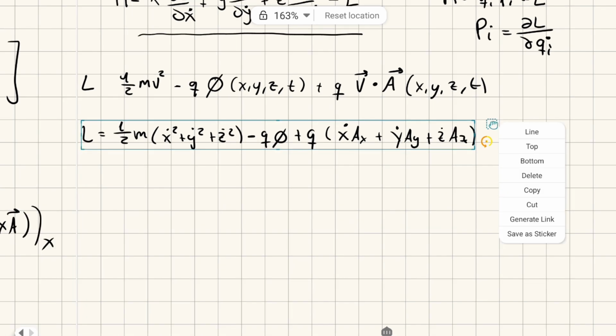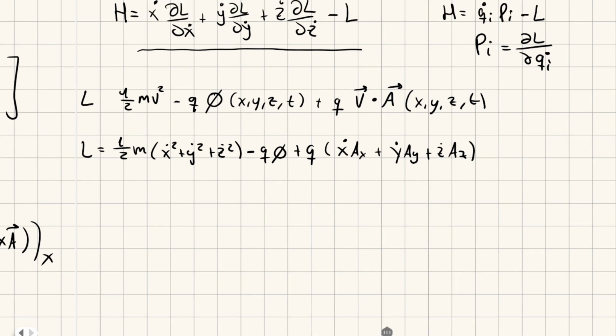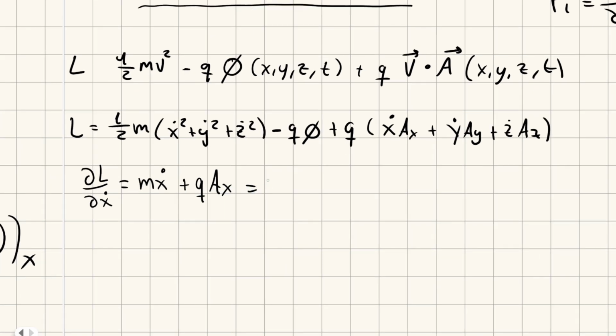Okay, perfect. So these are the two Lagrangians that we introduced at the beginning of the lesson. We are going to have to calculate the derivative of the Lagrangian with respect to x dot, for example. We can easily see that this is m x dot plus q ax, and we know that this is going to be px.